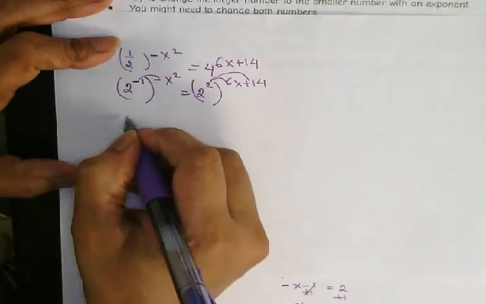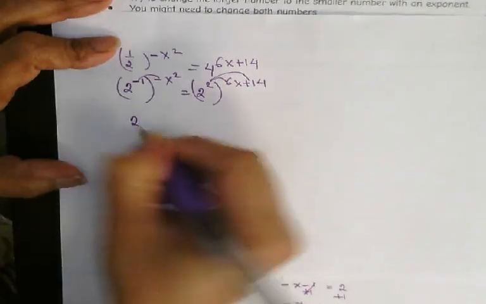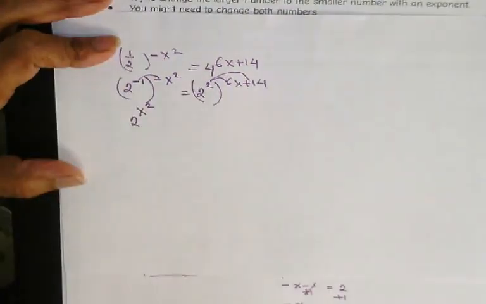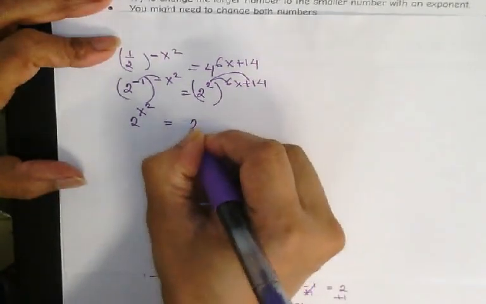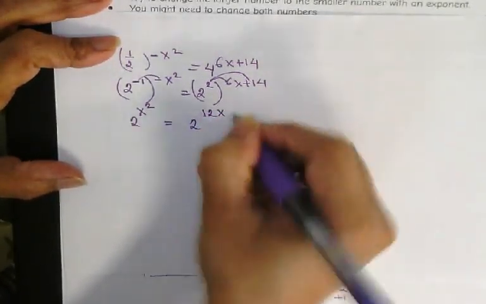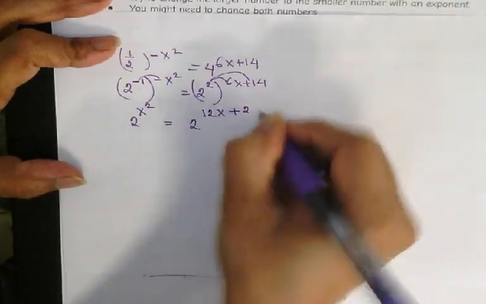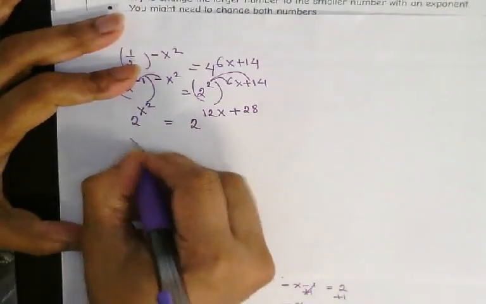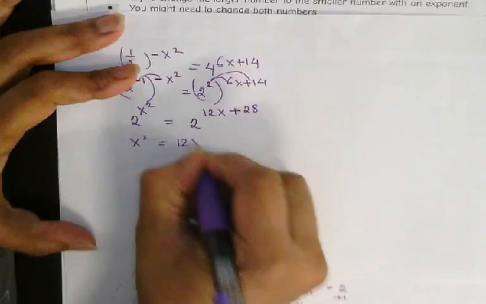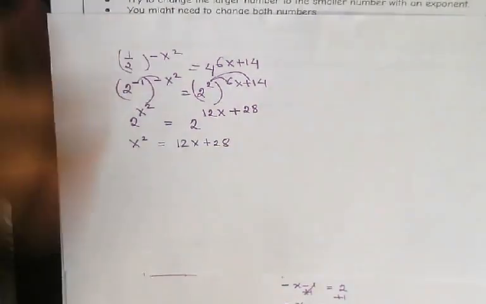So it's going to become 2 to the power x squared is equal to 2 to the power 12x plus 28. Base is same. Let's get rid of it. 12x plus 28.